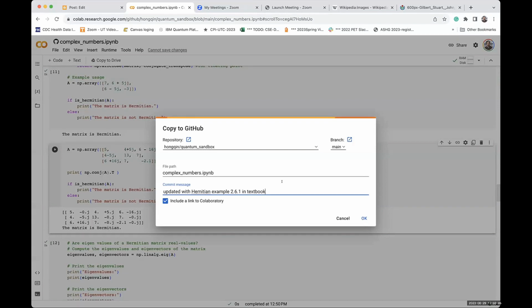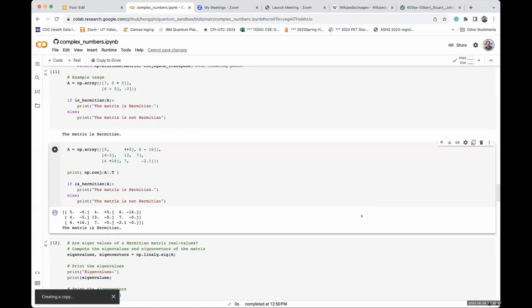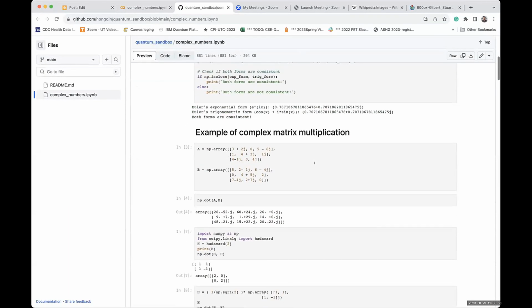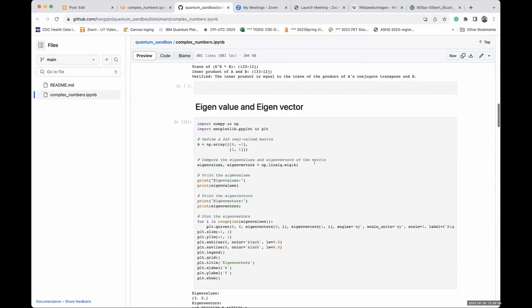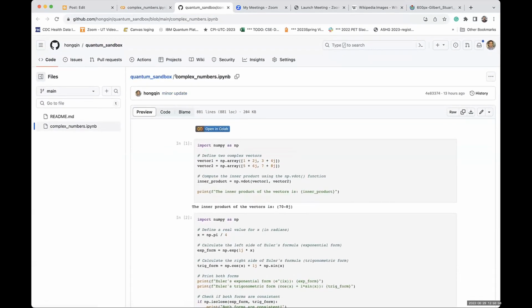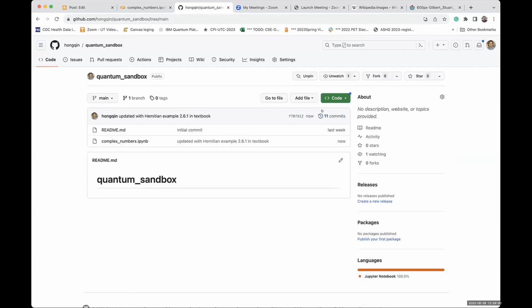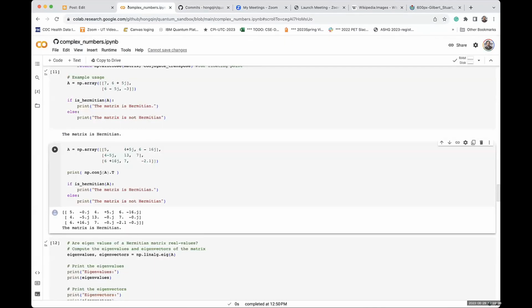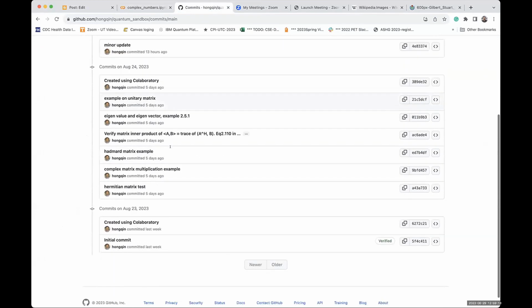Okay, so I add a comment. It actually automatically goes back to my GitHub and updates. So updated with the Hermitian example 2.6.1 in textbook. It is nice that if I don't like this I can go back to the previous version.